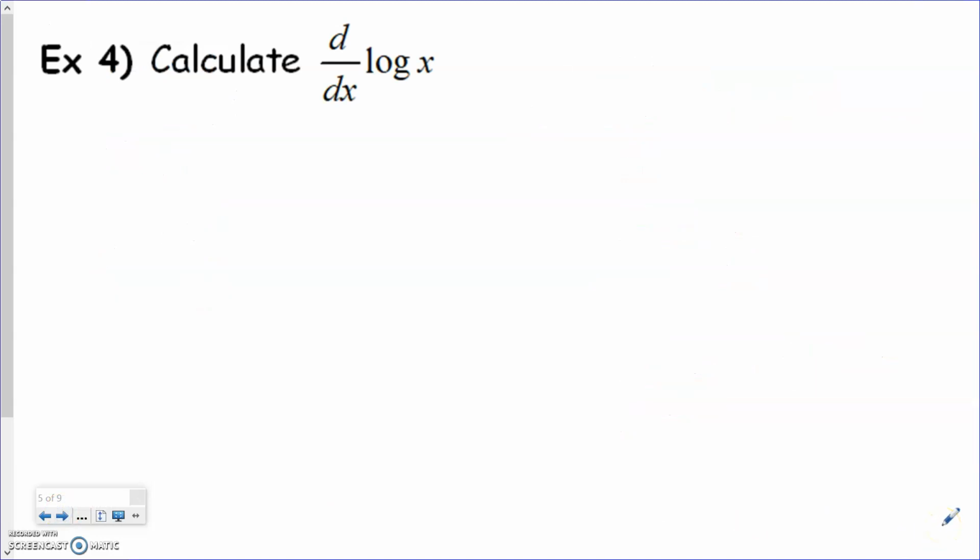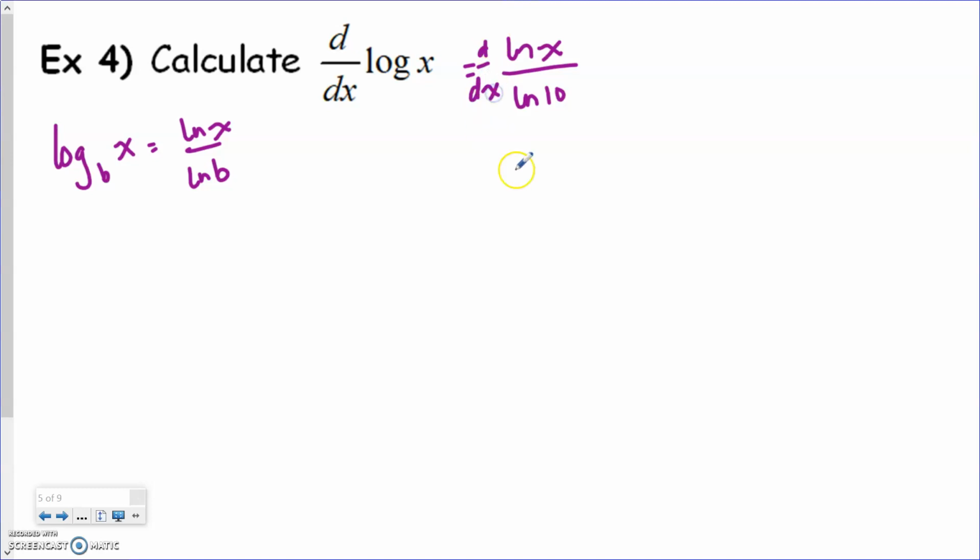Okay, another derivative. This is actually a formula, and if you remember, we could do a change of the base here by doing the natural log of x divided by the natural log of b. So I'm going to rewrite this as the natural log of x divided by the natural log, and our base here is 10. I'm going to squeeze my d dx in there so I know that they're equal.